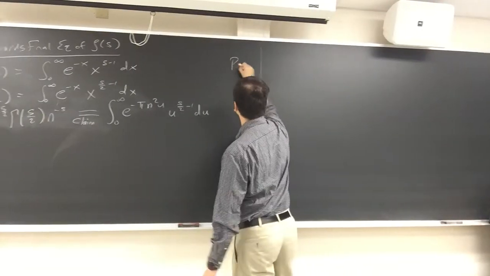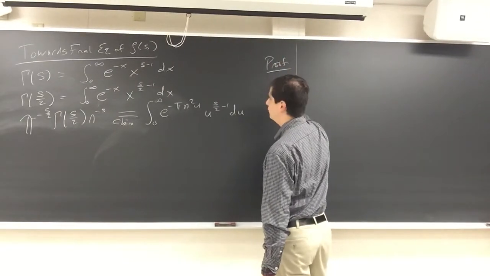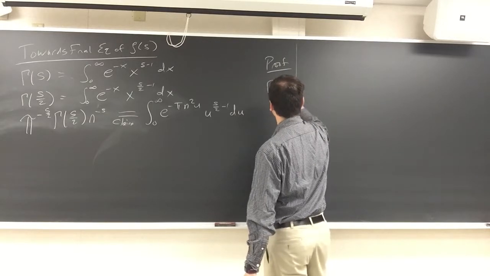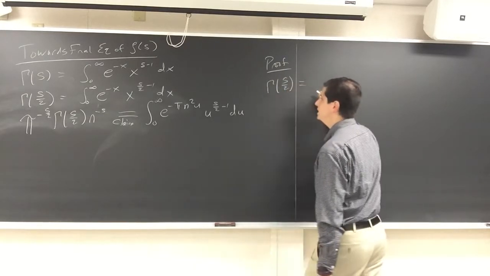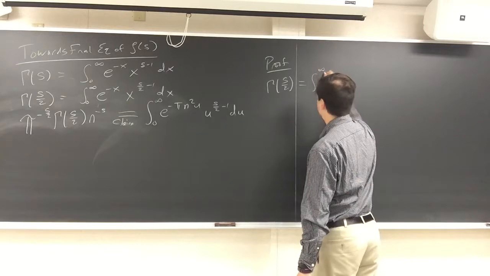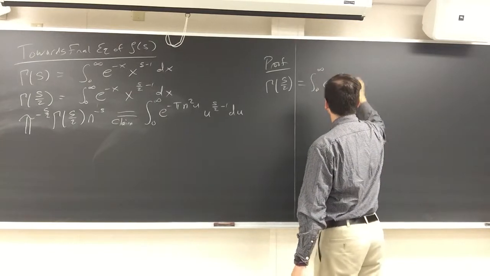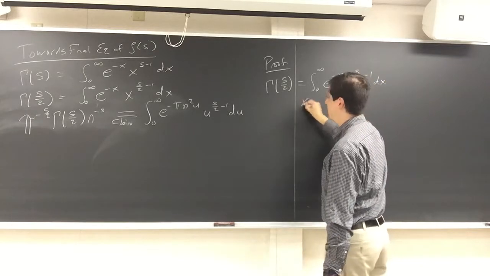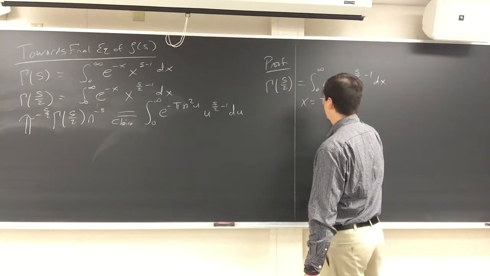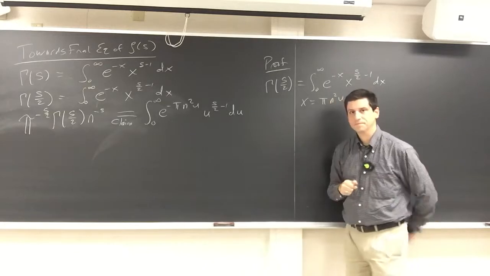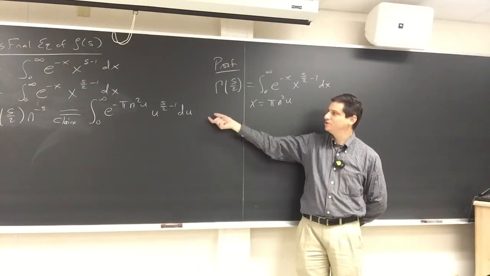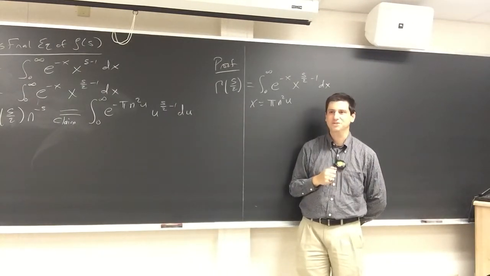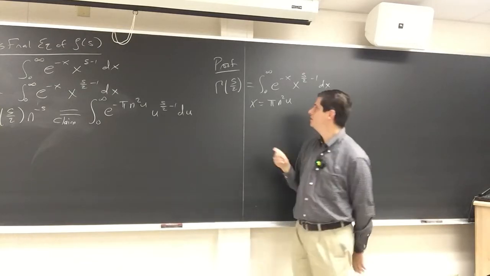So proof. So we start off with gamma of s halves. There's probably lots of different ways of doing this. Is equal to the integral from 0 to infinity e to the negative x, x to the s over 2 minus 1 dx. Let's let x equal pi n squared u. That seems the most natural thing to do because I want to get an e to the minus pi n squared u. Let's take that.